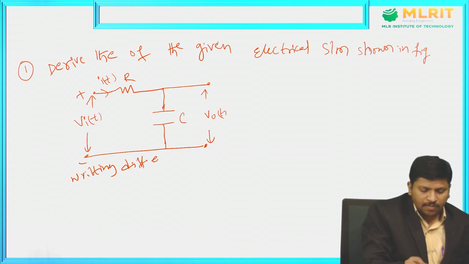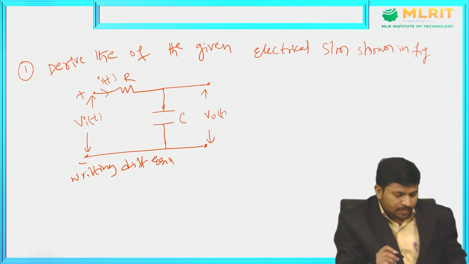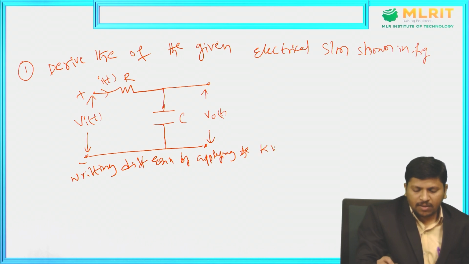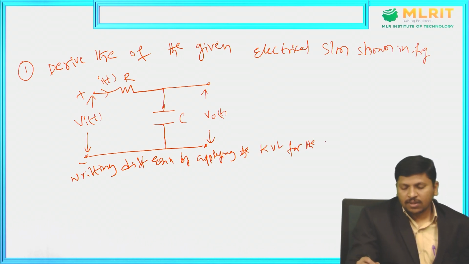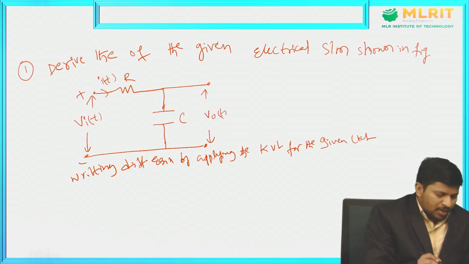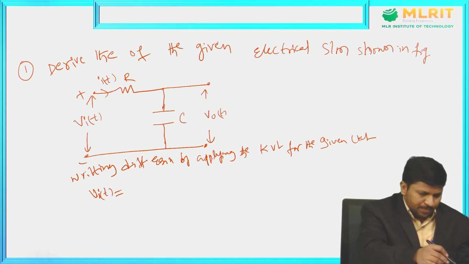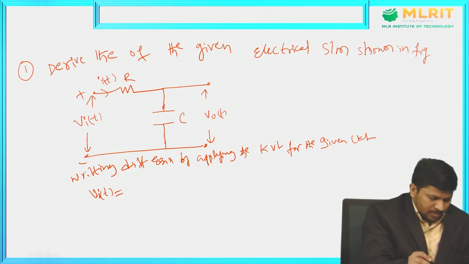By applying the KVL for the given circuit, observe Vi of t equals some current flowing like this.